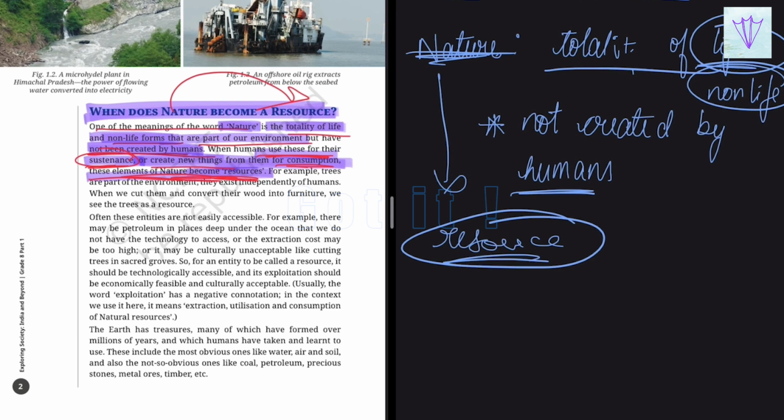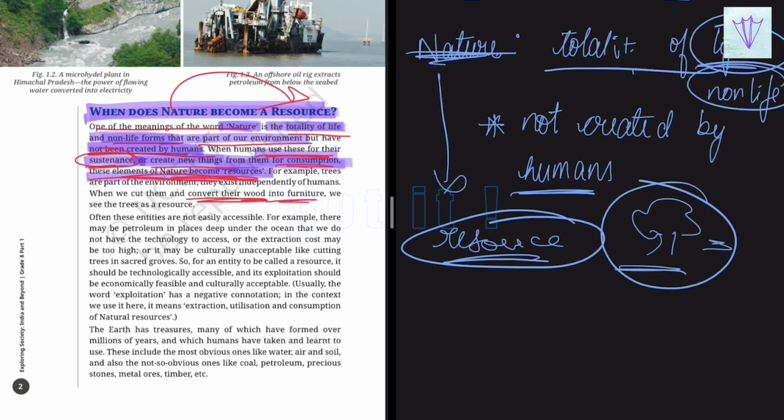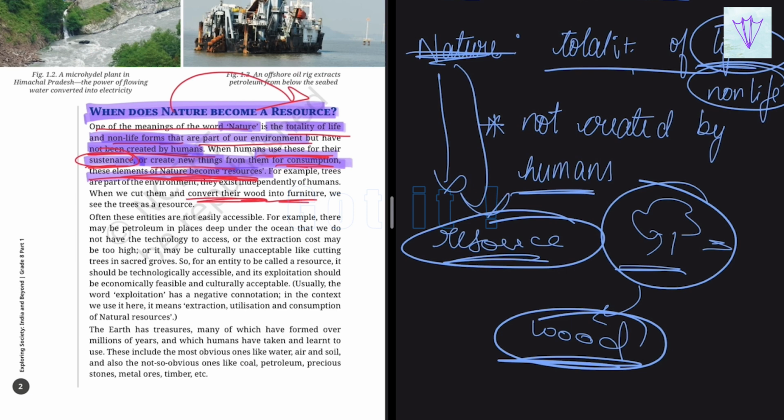For example, if you convert wood into furniture, then the tree becomes a resource because it is utilized by us. We have created something new from what is already there. A tree is a natural thing; when you make wood out of it, then wood is the resource. This is how nature gets converted into a resource.